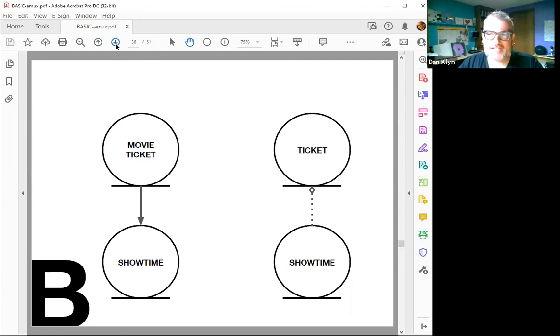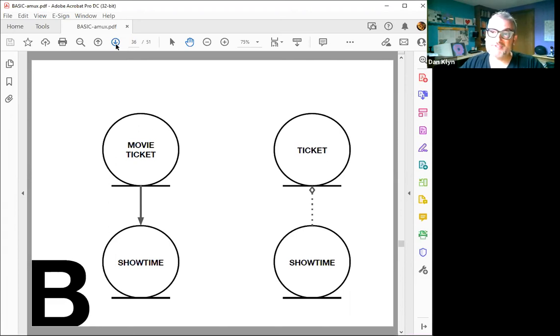By changing the definitional boundary about what things are in their world, we changed their whole system so that what they would end up selling on the website is a ticket or a bundle of tickets, like for a series that may or may not yet have a showtime.